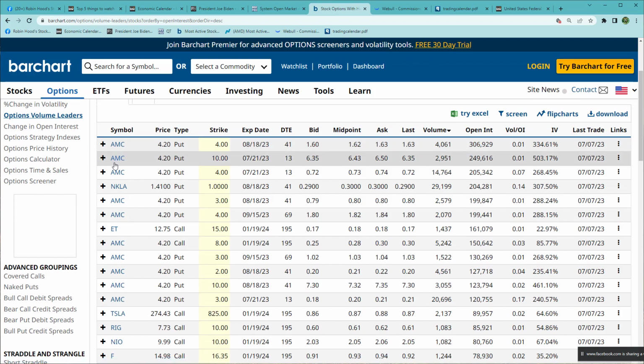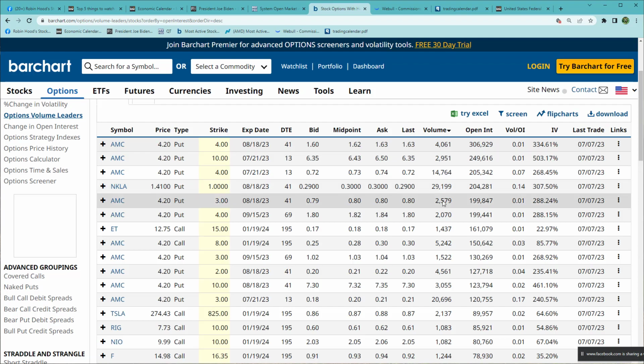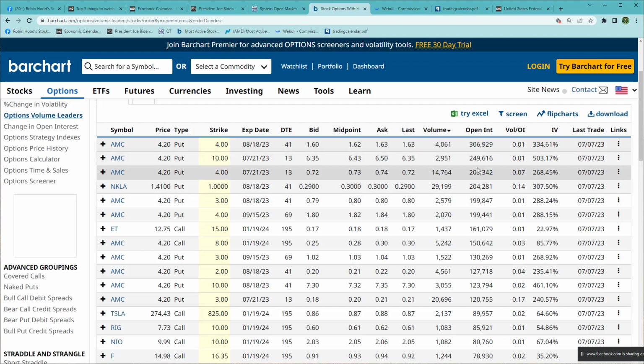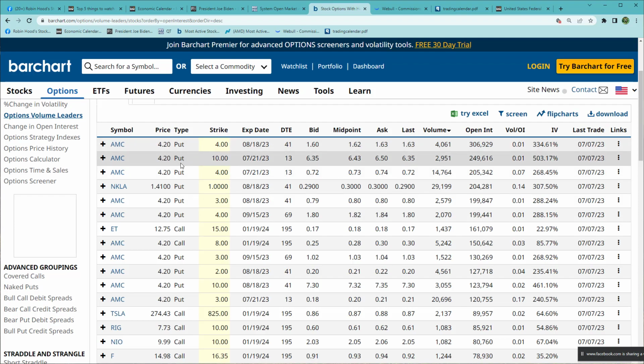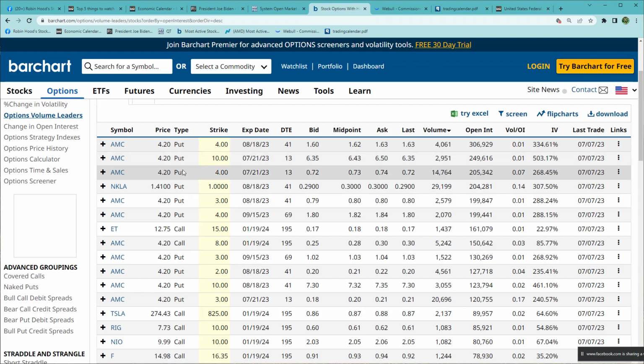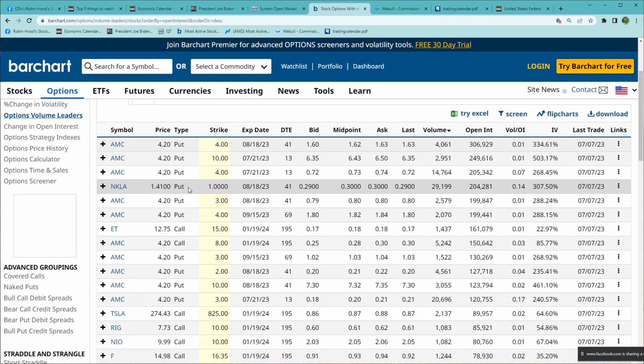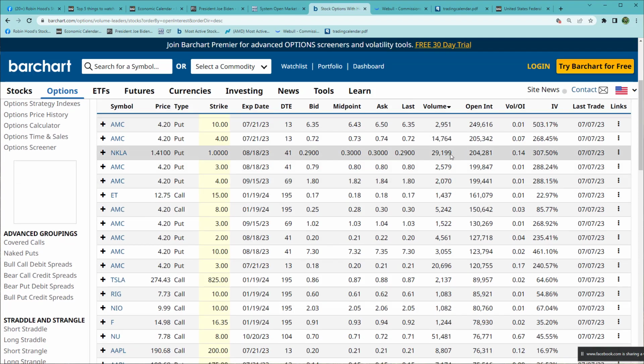Now we see a lot longer expiration dates because people are holding on to these individual ones a lot longer. AMC, which is a manipulated stock, is definitely recommended to avoid, along with any manipulated stocks like GameStop. Nikola, we do have a put there, though it could be selling activity. Who knows?